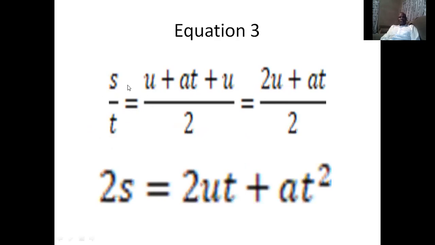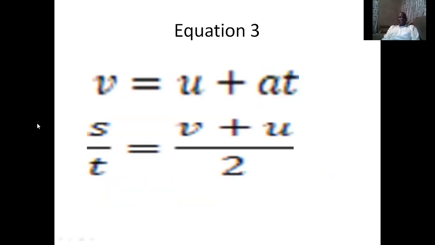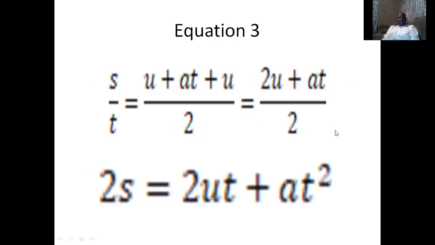And here we still know that displacement over time is equal to 2 initial velocity plus acceleration times time over 2. Here we have eliminated what we wanted to eliminate, the final velocity. So we have replaced this final velocity with initial velocity plus acceleration times time. We put it there, and this is what it gives.